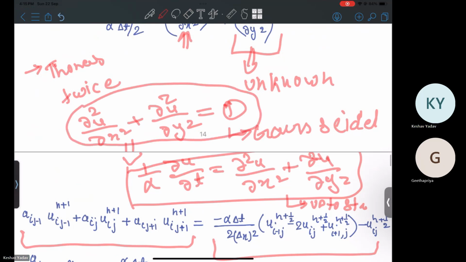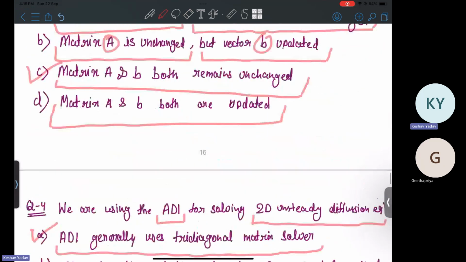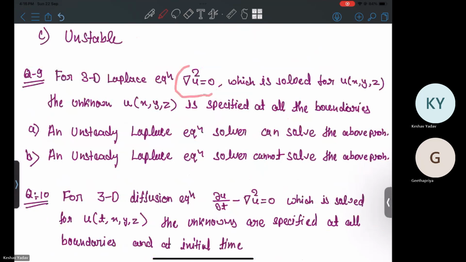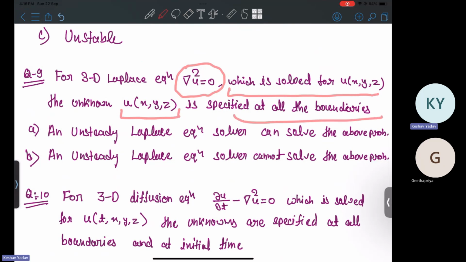Correct? On the basis of that, we have the next problem: the Laplacian in 3D, solved for u(x, y, z) with u specified at the boundary. The first option is that the unsteady Laplace equation solver can be used to solve the above problem. The second option is that the unsteady Laplace equation solver cannot be used.